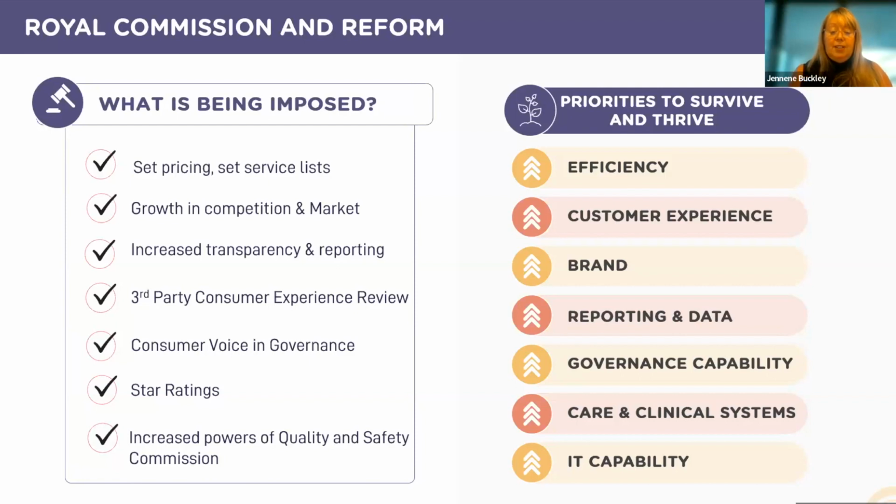For many providers, this will mean an urgent redesign of their home care model to ensure that they can be successful in the new supported home program in 2025.